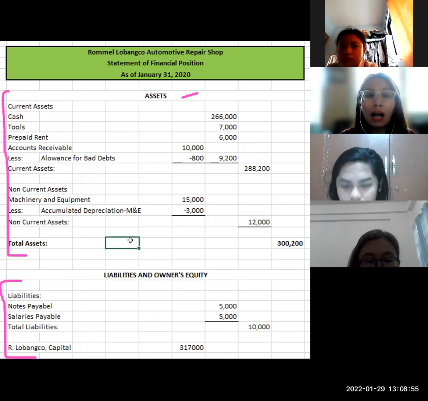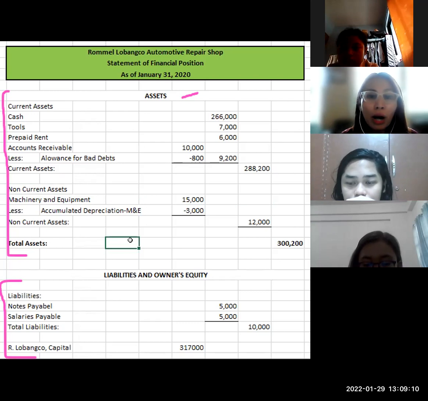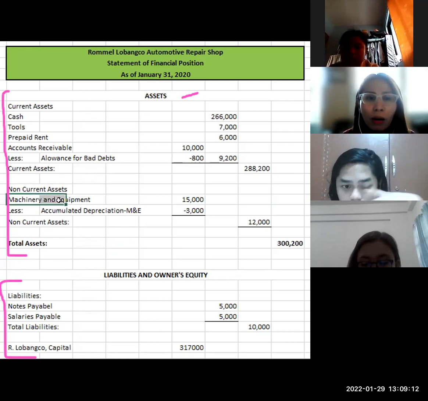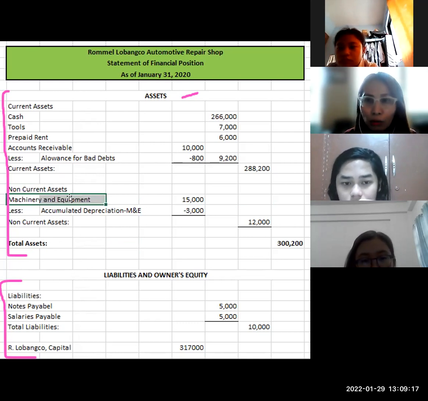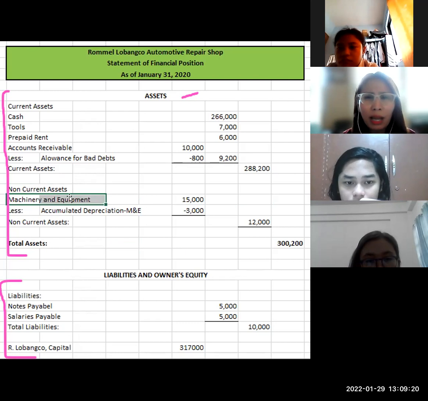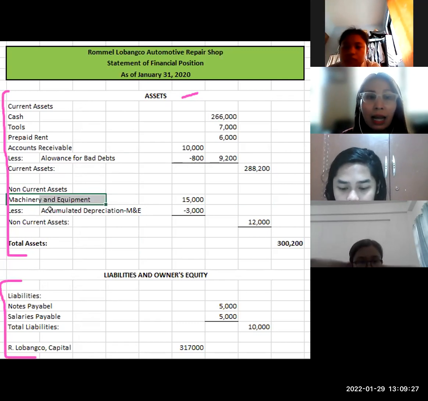Non-current assets are assets that cannot be converted into cash or cannot detect its value right away in a span of 1 year, above 1 year pa. Okay, katulad nito, yung mga property, mga land or mga houses, equipment, machines, mga intangible assets din are under non-current assets.